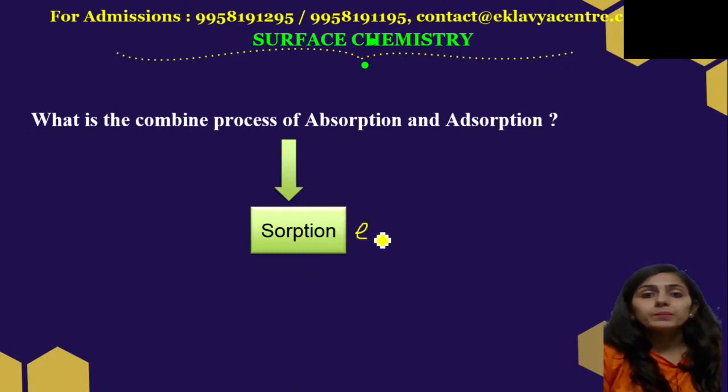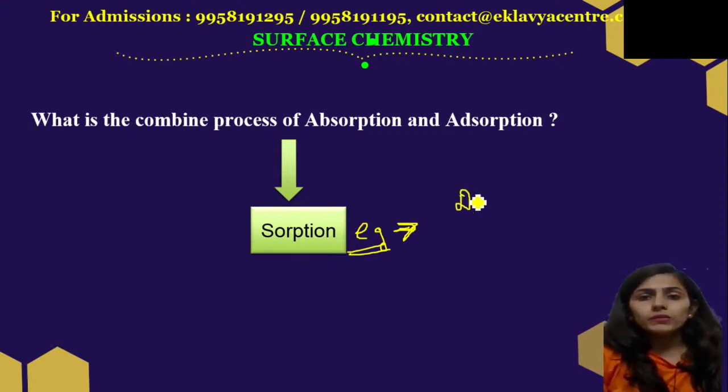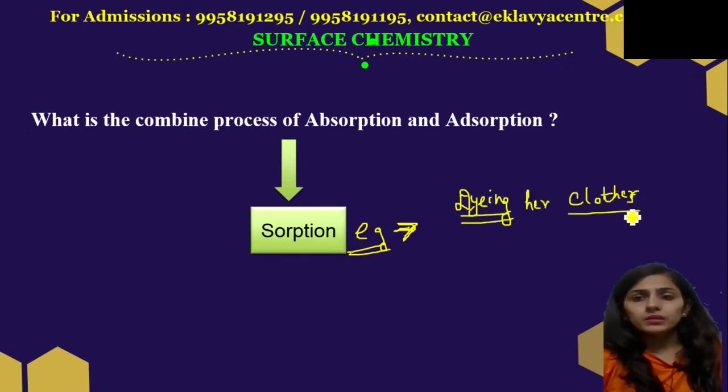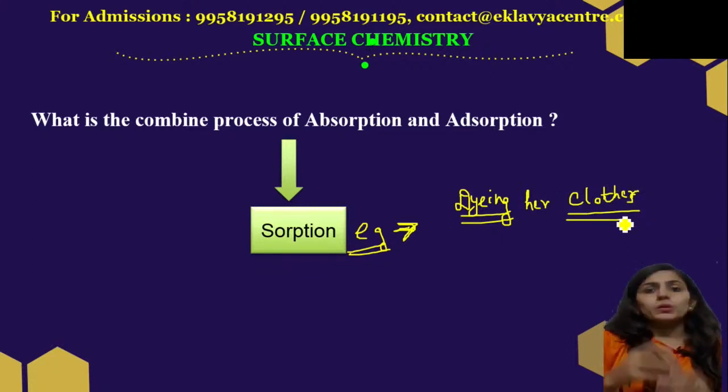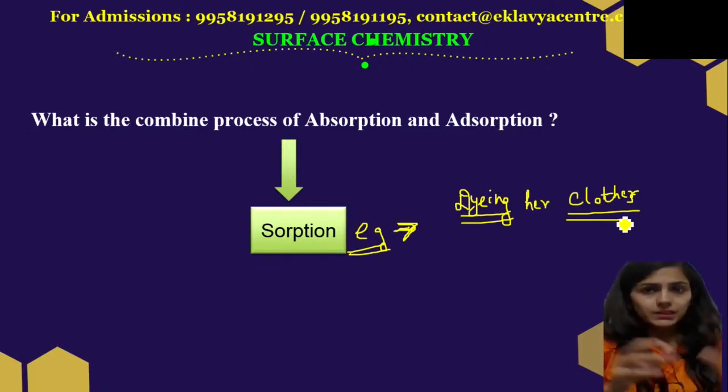A very famous example: you must have seen your mother going to get her cloth dyed. What the shopkeeper does is add that cloth inside the solution of dye.